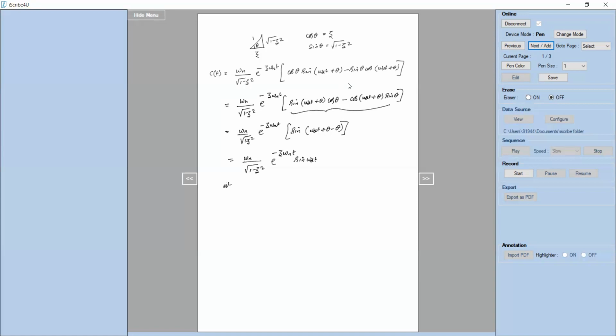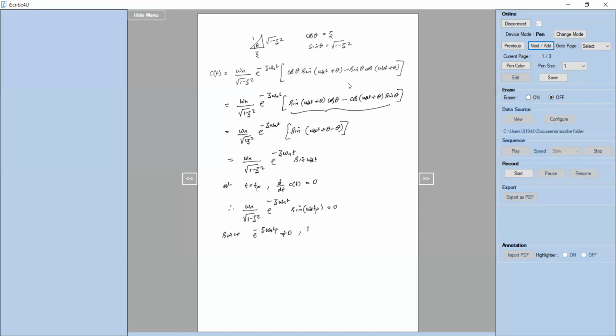Okay, and we know that at t is equal to tp, that is at peak time, the derivative of that response will be 0, correct? Reaching maximum, the function is becoming maximum. Therefore, omega n divided by square root of 1 minus zeta square e power minus zeta omega n t sine omega dtp equals 0, correct? We know that e power zeta omega n tp cannot become 0 because tp is positive.